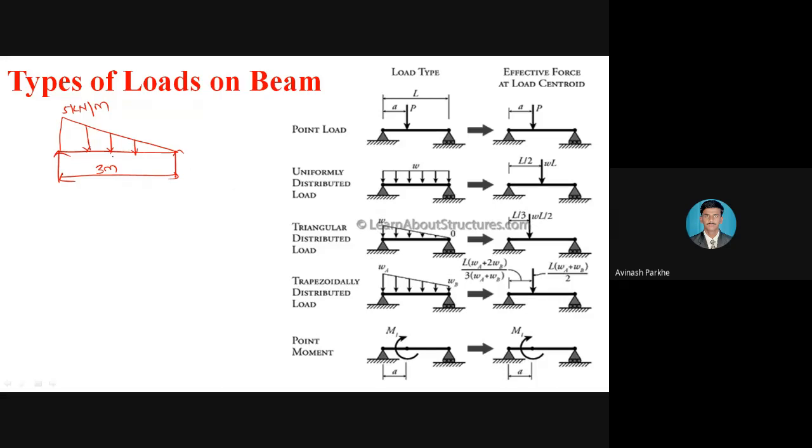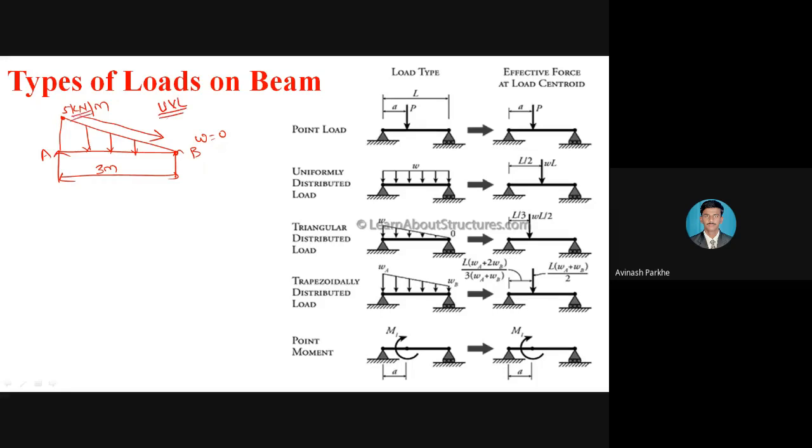Why is it subjected to the UVL? Because at the point A, the load value is 5 kilonewton per meter. At this other support, point B, the W is equal to 0. Therefore, the intensity of load decreases at a constant rate from left to right direction. Therefore, this load is called a UVL.